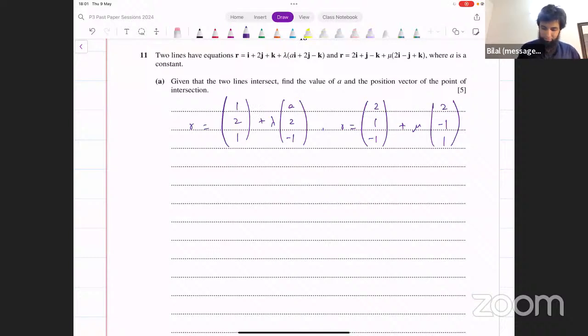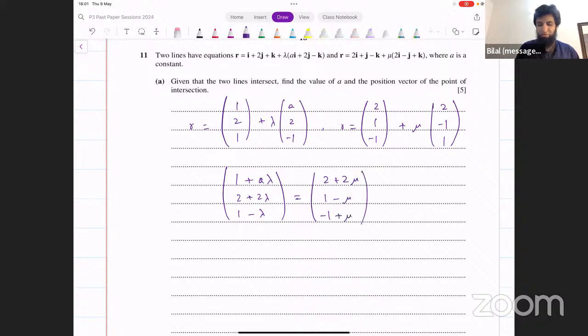Simplify them. It becomes 1 plus a lambda, 2 plus 2 lambda, and then 1 minus lambda. This should equal 2 plus 2 mu, 1 minus mu, and minus 1 plus mu.